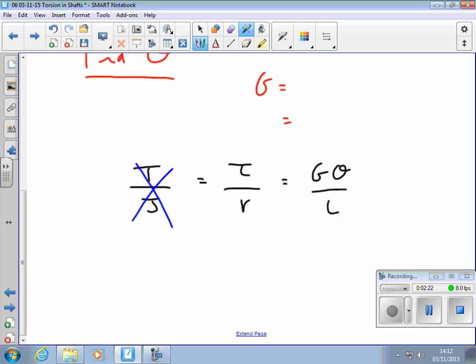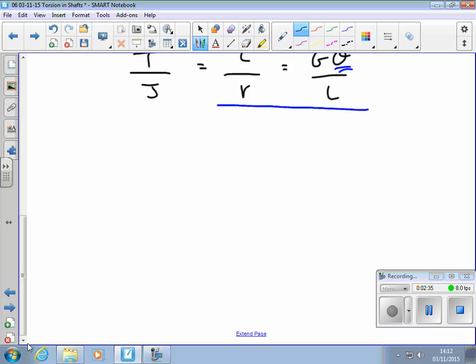So we write down what we know and put it in the correct units, and then we rearrange this for theta. So how am I going to rearrange this for theta? If G theta over L equals tau over R, rearrange for theta. What do I do?